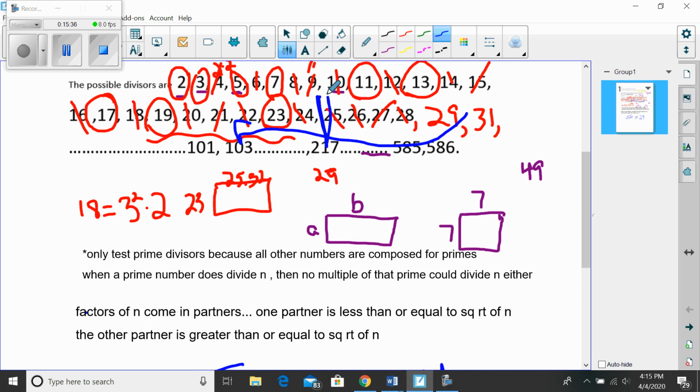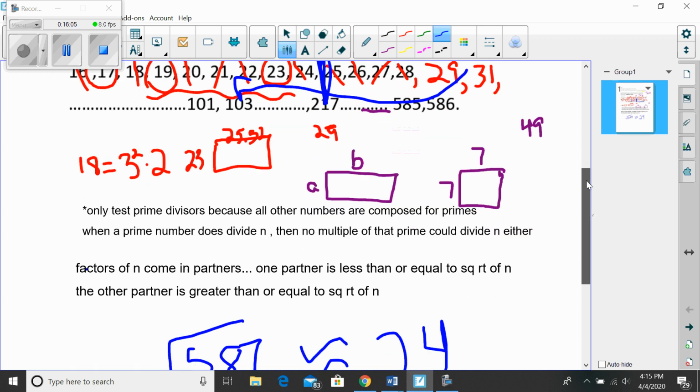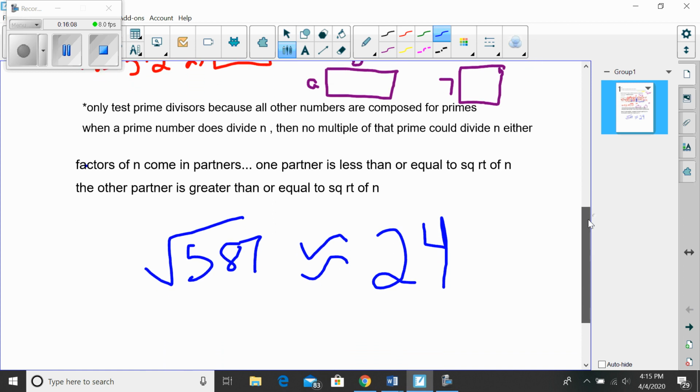I'm done right here, because I can see that 23, its partner's got to be over here. I can't have a divisor over here without a partner on this side of the blue line. So divisors before this blue line would partner with divisors after this blue line. If I don't have a partner on the left, there's no way I'm going to find a divisor on the right. There would be nothing for it to partner with.